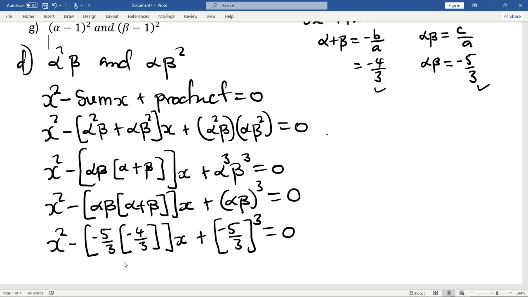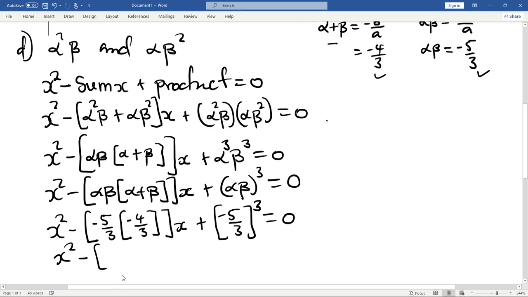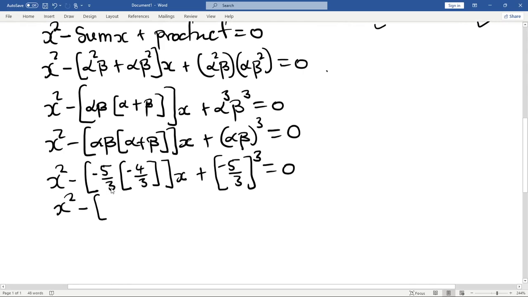So these substitutions that we've made here come from the sum and the product of the roots that we have here. So here we have x squared minus open brackets. If we expand here, this will be 3 times 3, we get 9 below there. Okay, let me just erase and write everything nicely.